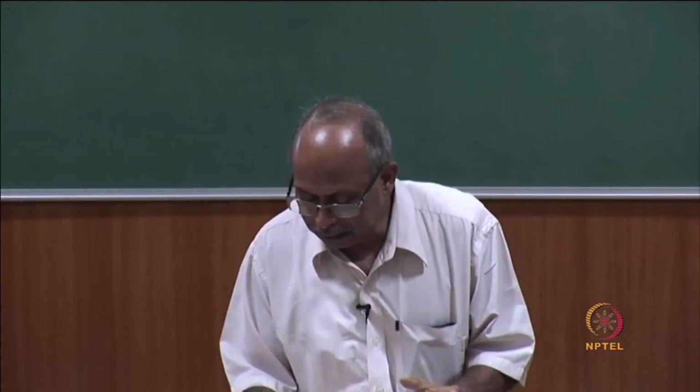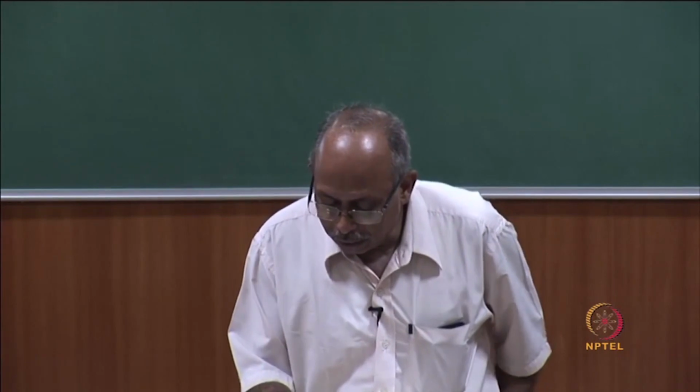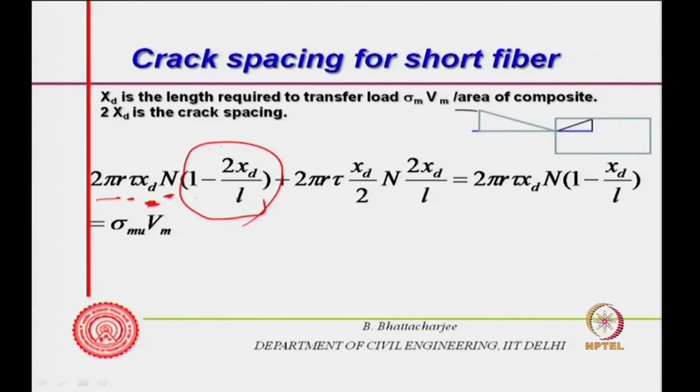So, if L is bigger, then a fraction of fibers will be effective in transferring on both the sides, and the remaining fraction, that is 2 x d by L, will be transferring partly.